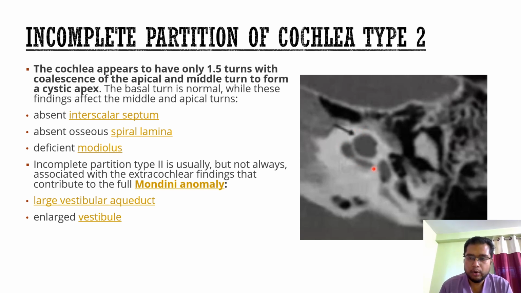There is a modulus present in IP2, unlike IP1, though it is deficient. The interscalar septum is anyways absent. Now, when do we call IP2 Mondini anomaly? Mondini anomaly is called when there is a large vestibular aqueduct and an enlarged vestibule associated with IP2, which has high risk of gusher. So, in that case, we call it Mondini anomaly.